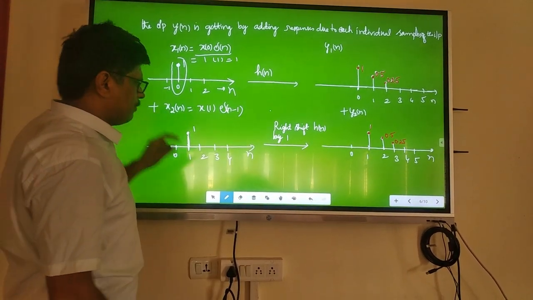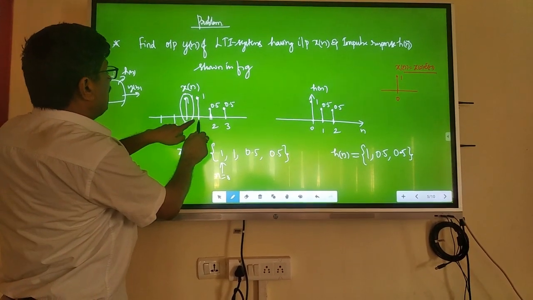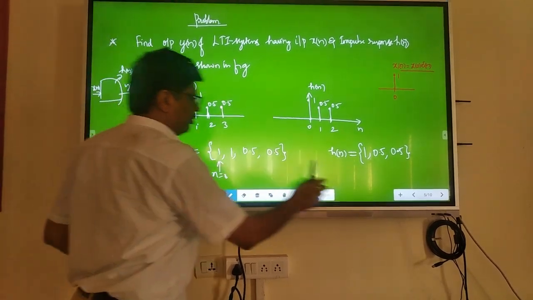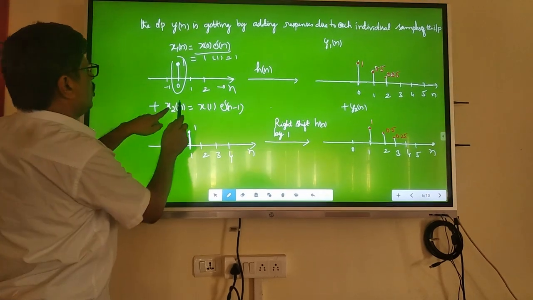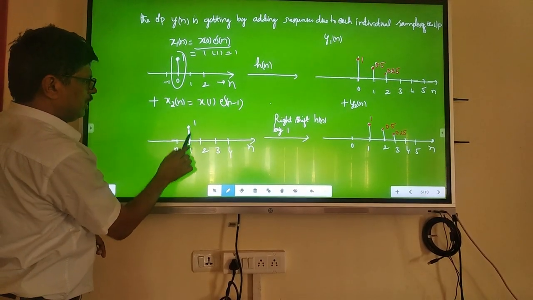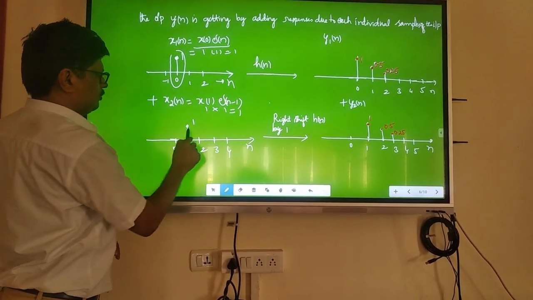Similarly, the second individual sample is x at 1 into delta of n minus 1. So x2 of n is equal to x at 1 into delta of n minus 1. x at 1 is 1, delta of n minus 1 is 1, and 1 into 1 is 1.